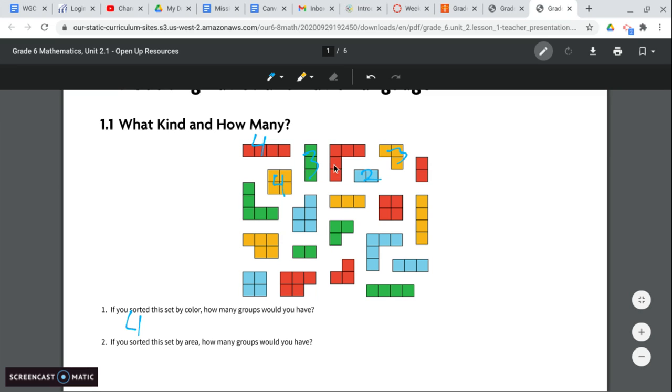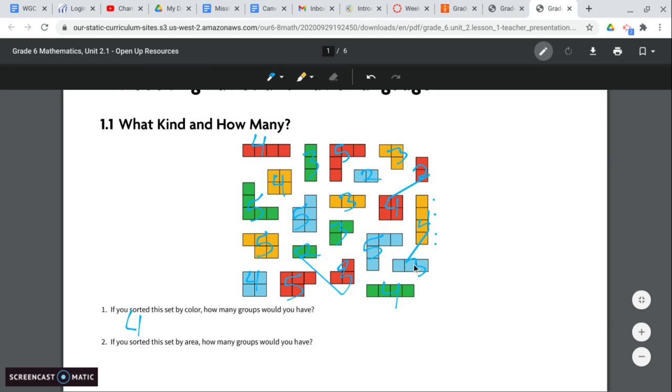Here we have 1, 2, 3, 4, 5. We've got another 2, another 4, 3.